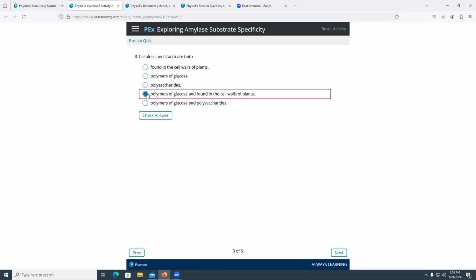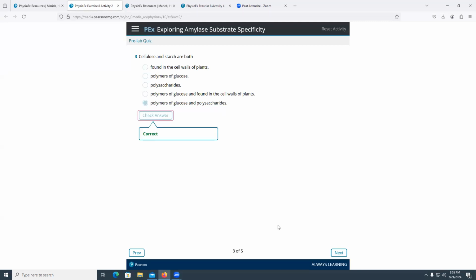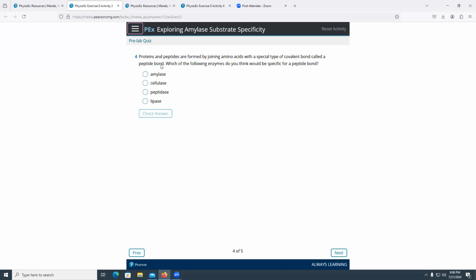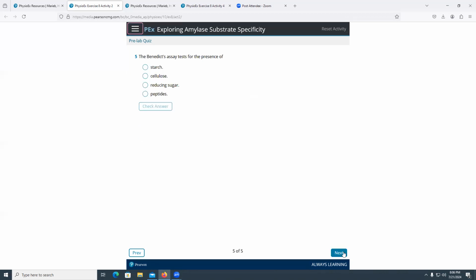They are polymers of glucose and polysaccharides. Proteins and peptides are formed by joining amino acids with a special type of covalent bond known as a peptide bond. We talked about that. The Benedict assay tests for the presence of the products, and these are the reducing sugars.